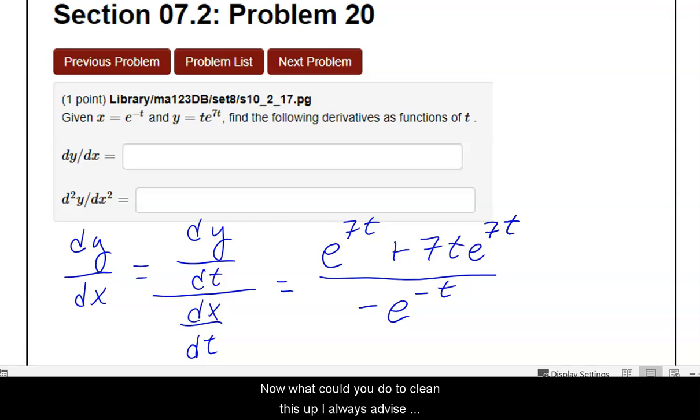Now, what could you do to clean this up? I always advise to do the algebra at each step before you go to the next step. You make your life a lot simpler when you do that. And if you don't do that, you make your life miserable. First thing to recognize is that the e to the negative t in the denominator is a monomial term. There's no plus or minus between terms here in the denominator. So I could instead lift this to the numerator and think of it instead as a negative e to the positive t, since the negative is a floater and can go anywhere.